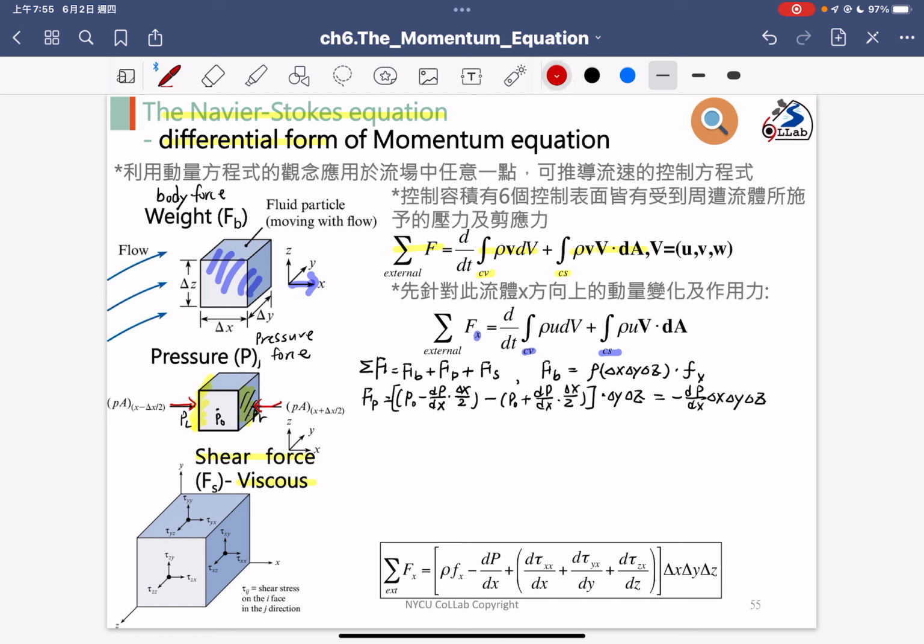This is the force related to the pressure.